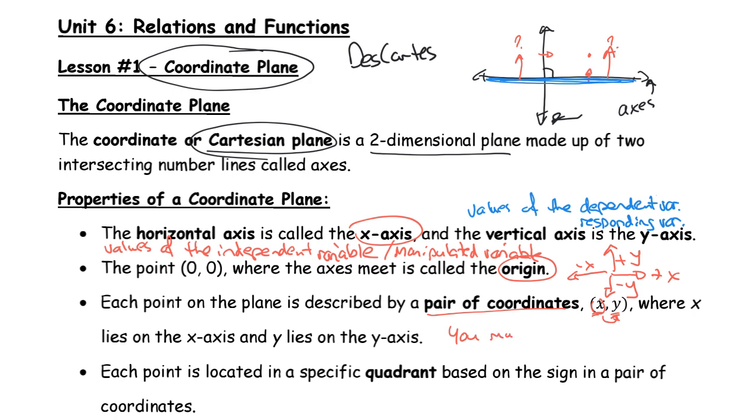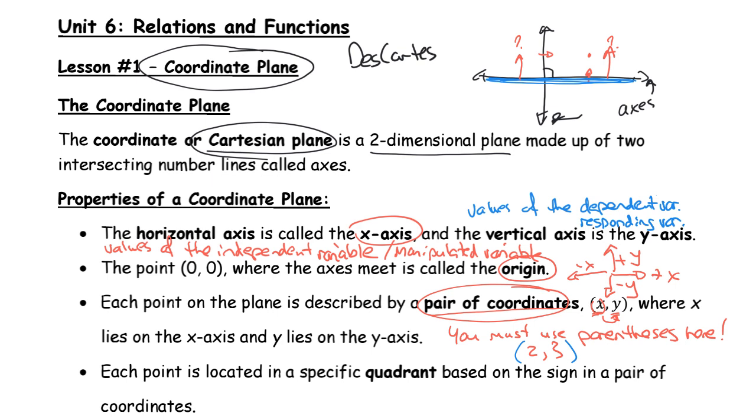Now it's really important to know this: you must use parentheses here. If you don't use parentheses, like if you just put the numbers 2, 3 down, that doesn't mean anything. That's just a list of numbers. That's a 2 and then a 3. It doesn't become a pair of coordinates until you put parentheses around it.